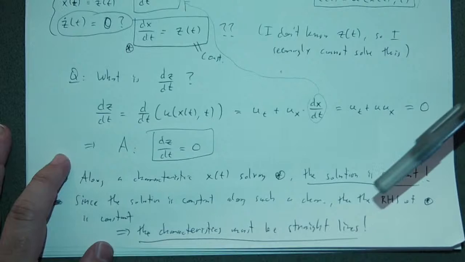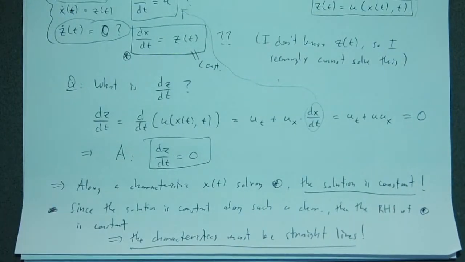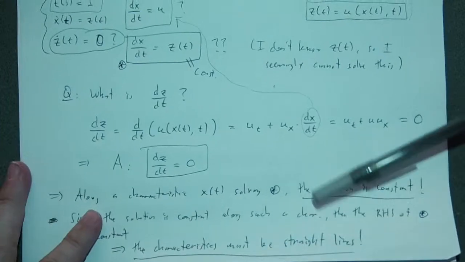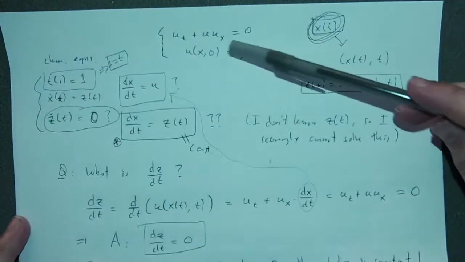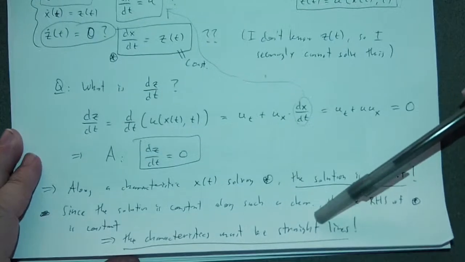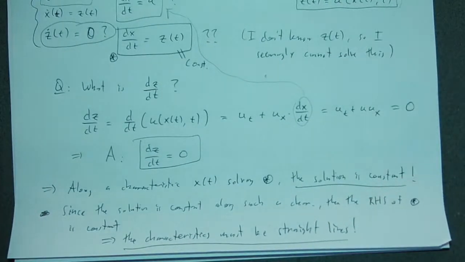The characteristics have to be straight lines because they are graphs of functions that have constant derivatives. Now you might say, wait, but actually that's exactly what happened in the original transport equation. So we actually have kind of the same thing going on here. But there's a key difference.